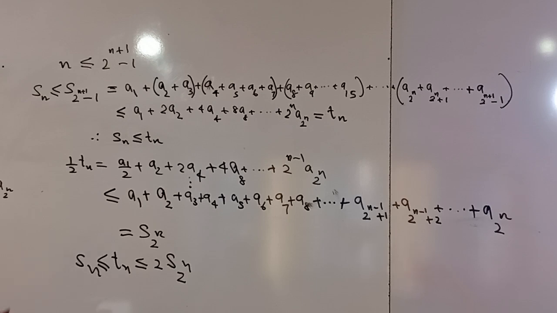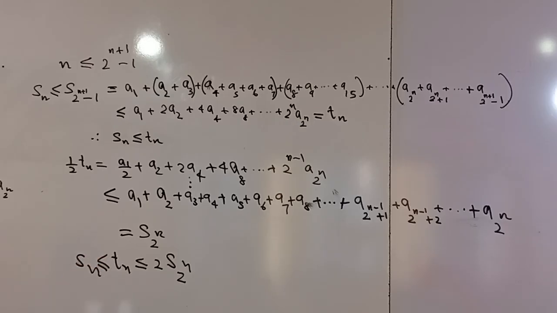Now you can see if Sn is bounded above, so there is some capital M such that Sn is less than or equal to capital M. Therefore, 2 S2 to the n is less than or equal to 2M. Therefore, Tn is less than or equal to 2M.